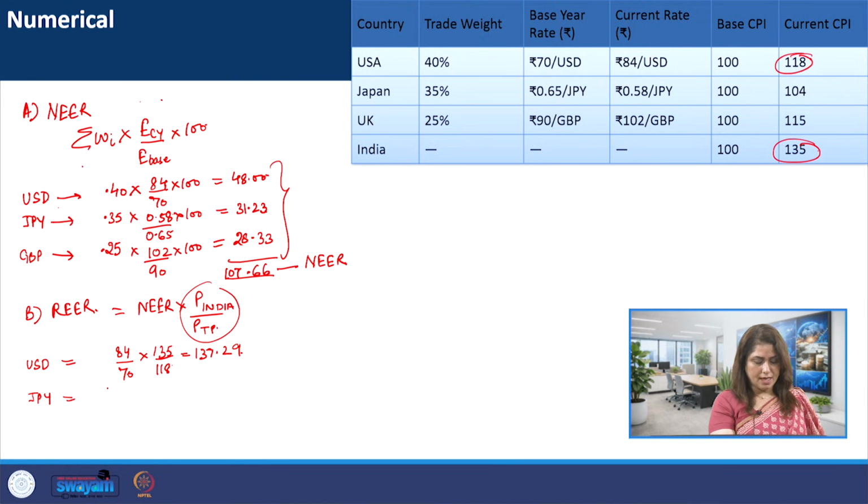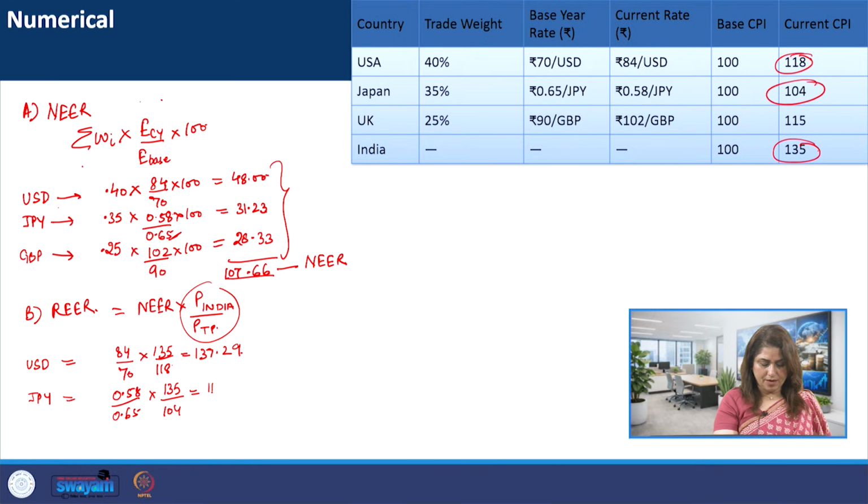Now, we will go for the Japanese yen. For the Japanese yen, it was 0.58 upon 0.65, this particular value, and now we will multiply it with the price ratio, which is 135 divided by 104 for the Japanese yen, giving us 115.83.